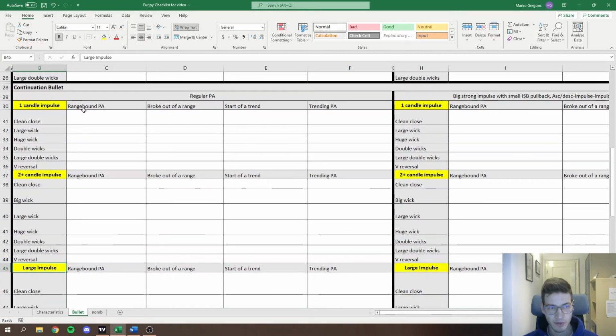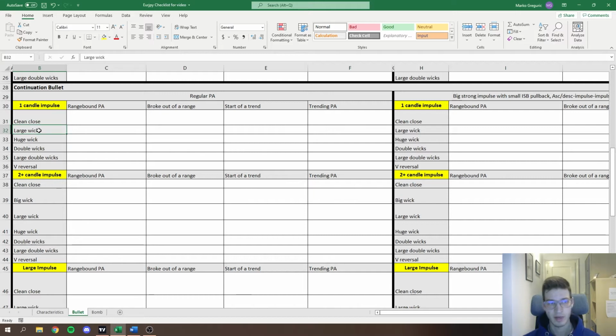After that I have if it's coming from range bound price action, if it broke out of a range, was it a start of a trend, or was it pure trending price action? This one would be very high probability, and I would be very lenient when I see a trending price action, because I want to get in when there is an established trend. Then I see if it was a clean close.